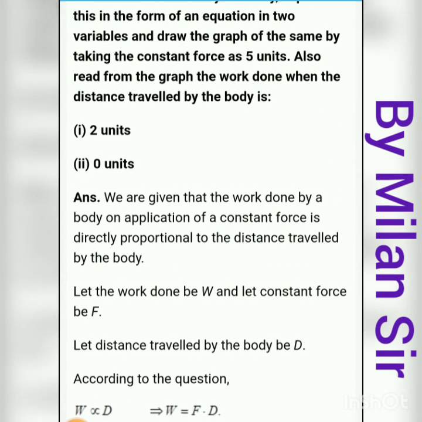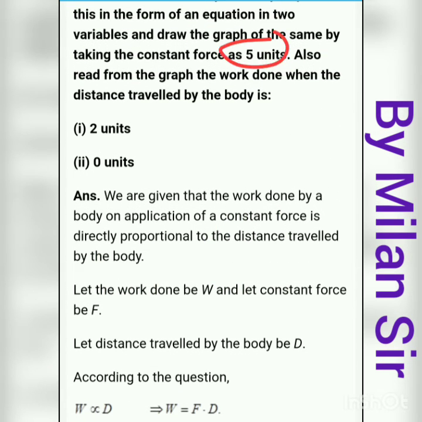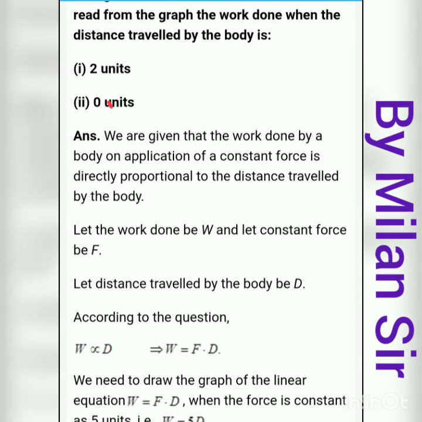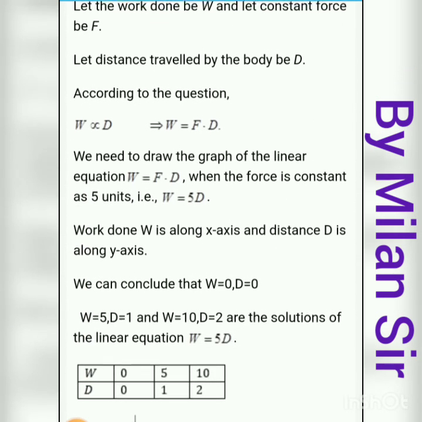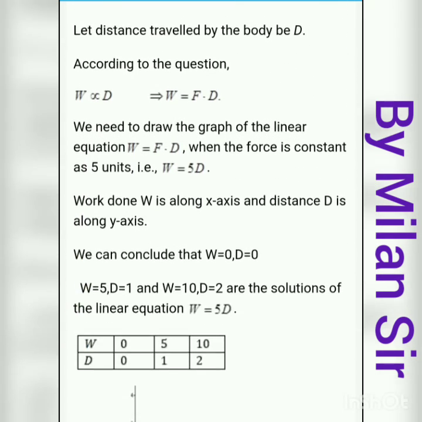Here it is already written that constant force is 5 units. So W is equal to F D. Now F is given, constant force 5, and distance D we don't know, so W is equal to 5D. So this is your required equation, W is equal to 5D.